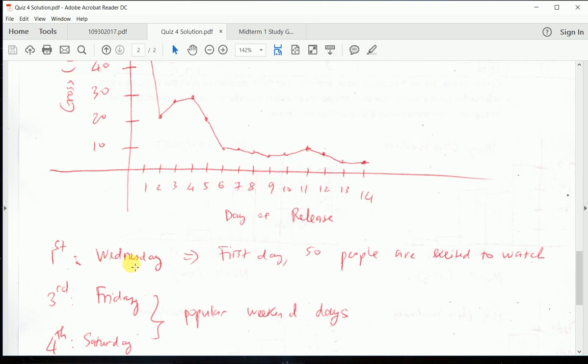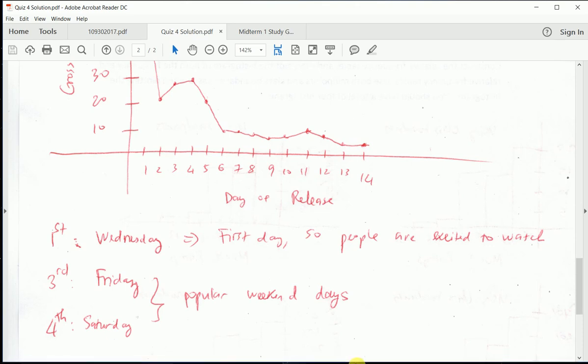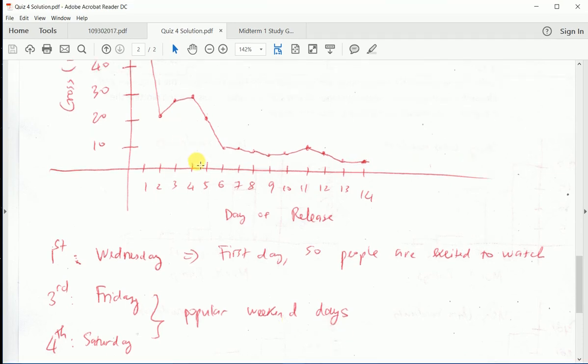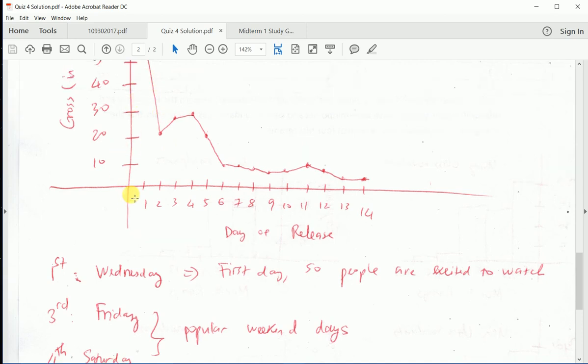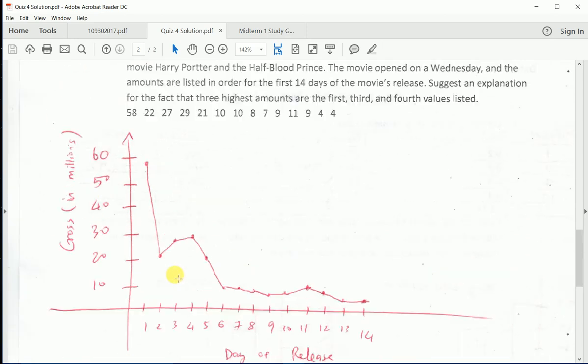They have to wait until the third day and the fourth day, which are Friday and Saturday, the weekend days, so they can spend that time watching the movie. They don't have to care about work, school, anything. So that's why we can see that the first day there's a peak, and then the third day and the fourth day we also have high rates because they are on the weekends, so people have more free time to watch the movie. So that is a good explanation for the behavior of this graph.